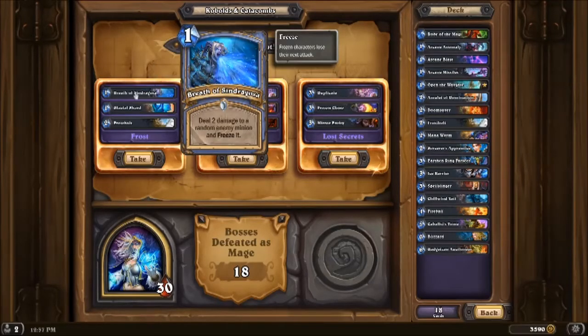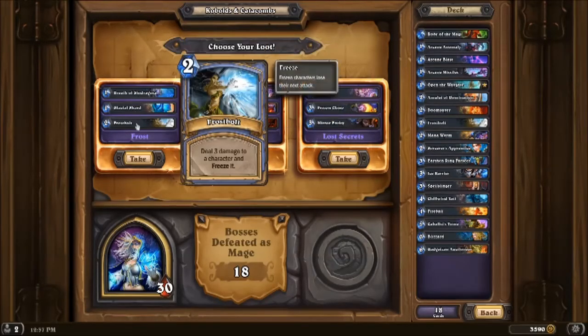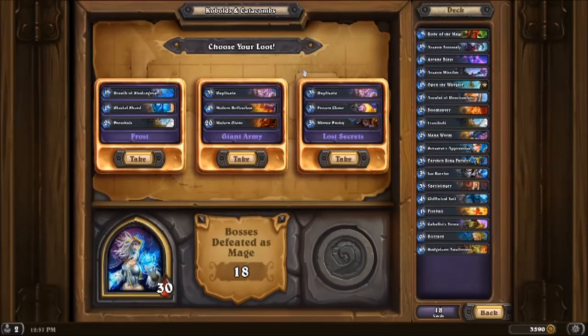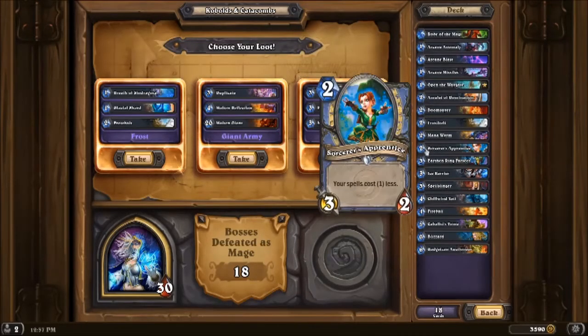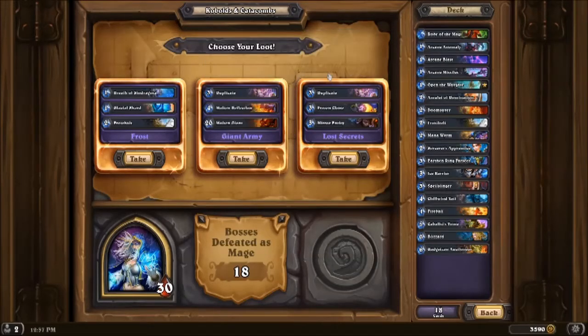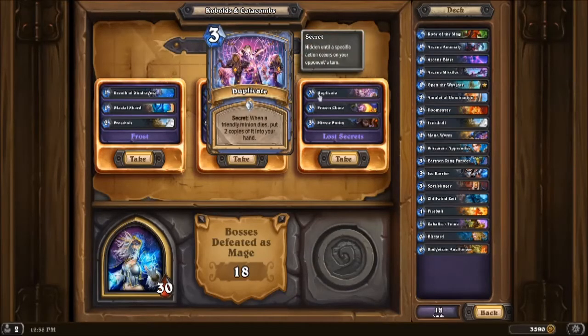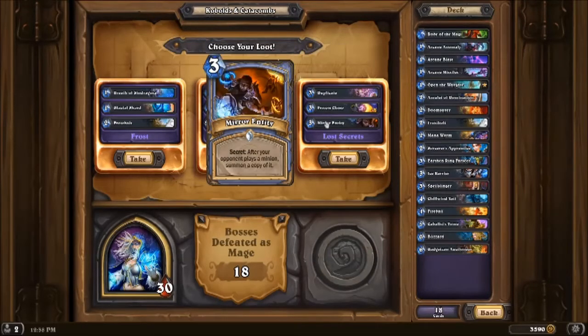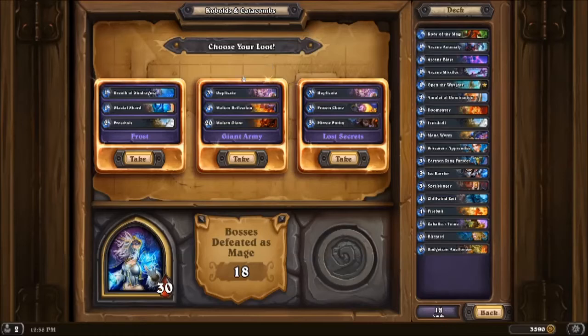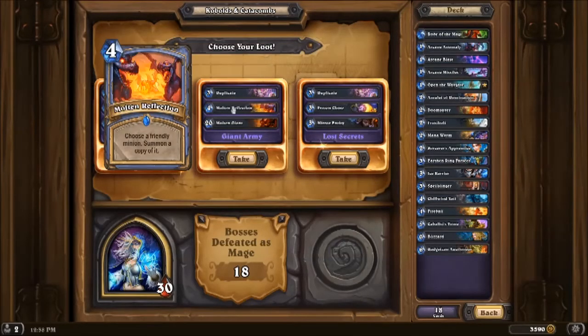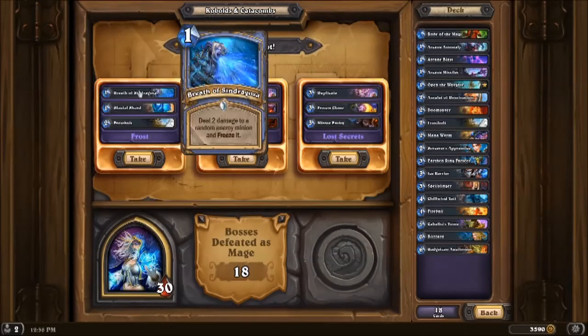Here, this one, Frost, that's all control, so it doesn't create a spell, doesn't create a spell, and doesn't create a spell. What I'm going to do, especially since we have the Sorcerer's Apprentice, is go for the Secrets one to get those spells that may help. Even though it's not a guarantee that it'll give us more spells that didn't start in our deck, there's a higher chance because there are 3 cards that could potentially give us more spells, whereas here there are 2 cards that can potentially give us more spells, and here there are none.